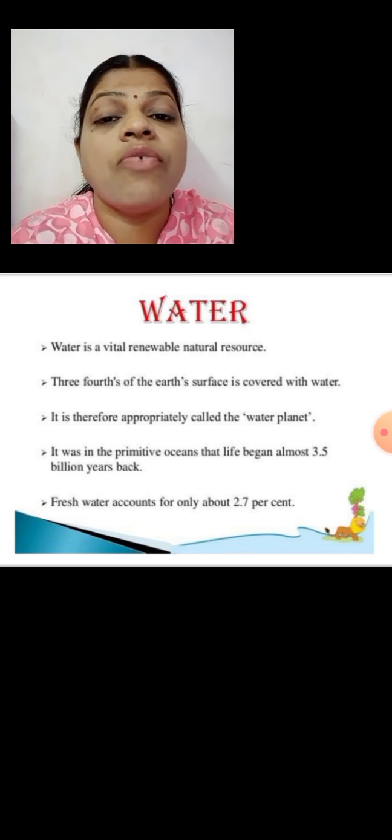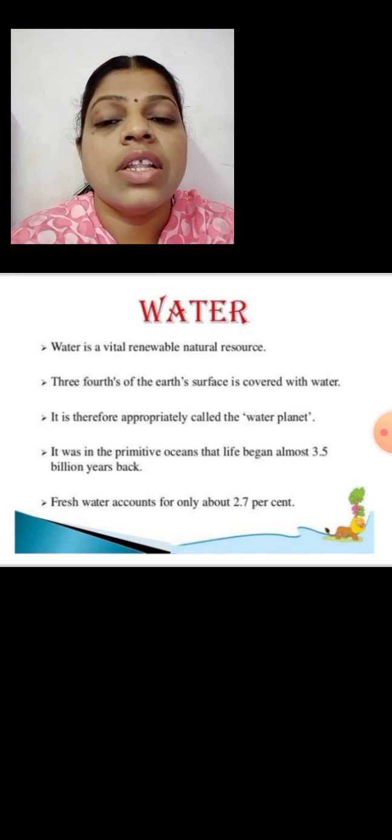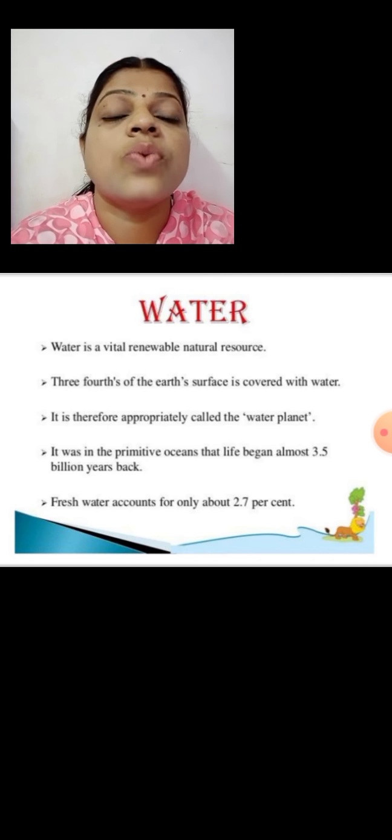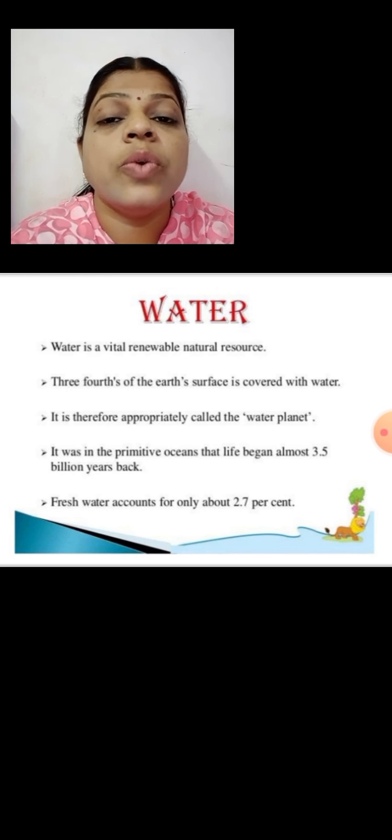We have to avoid the excessive use of water. Thereby we can save this water for the present generation as well as for future generations. That is limited usage of water for our various purposes, and thereby we can save this resource.